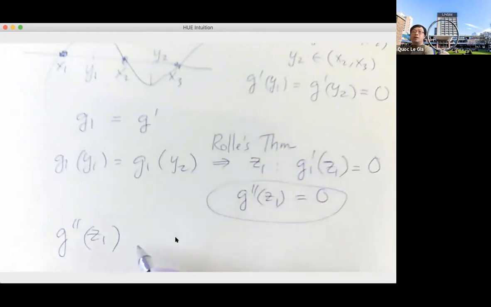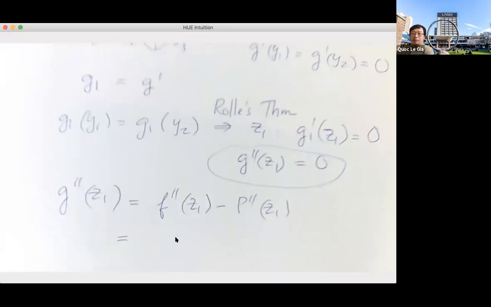So what is g double prime? It is f double prime at z1 minus p double prime at z1. We keep f double prime here. But when you take the second derivative of a parabola, you just have 2 factorial times the first coefficient, which is f[x1, x2, x3], and the whole thing equals 0.